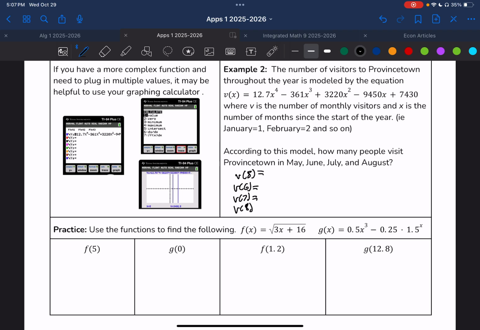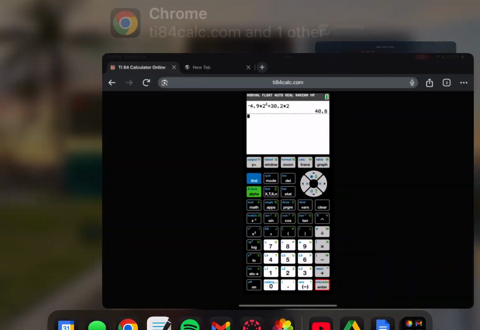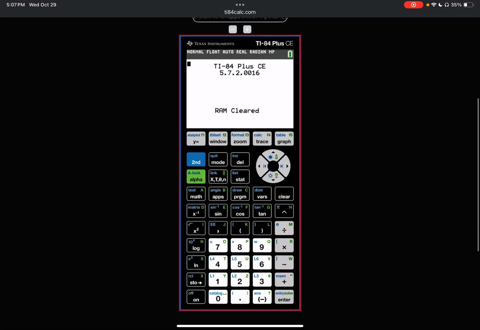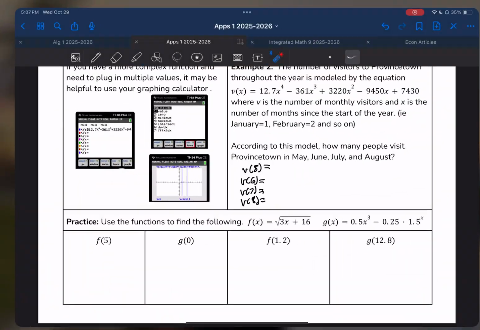You could certainly plug in each of those numbers for x individually and solve it out. But if you want to take a slightly less time-consuming approach, you can instead type the whole function into y1.